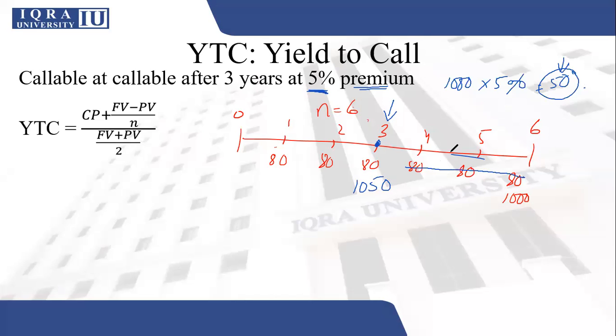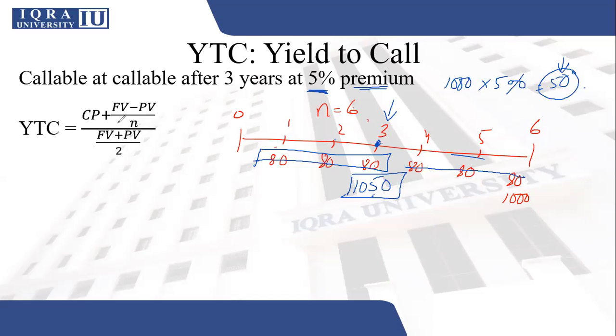So now the cash flows for such an investor are these: the first year coupon payment, the second year coupon payment, the third year coupon payment, and at the third year he will get back the bond value plus the call premium.